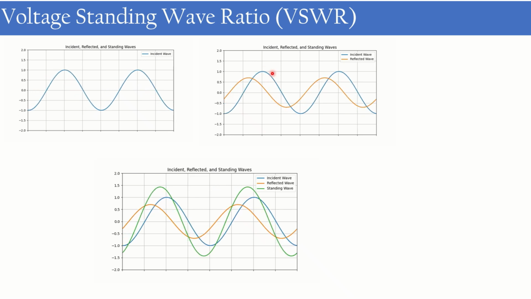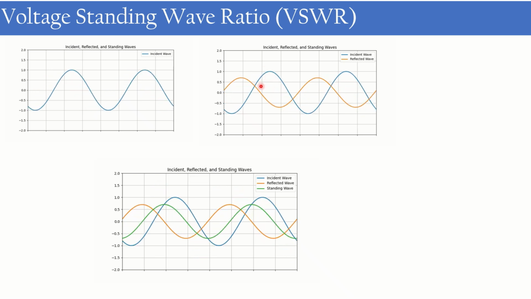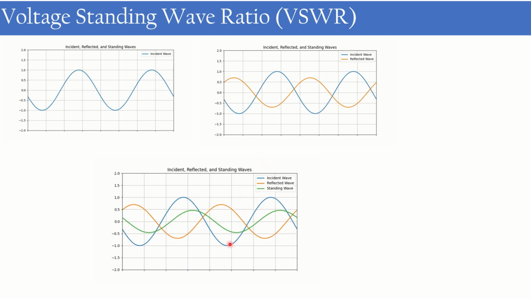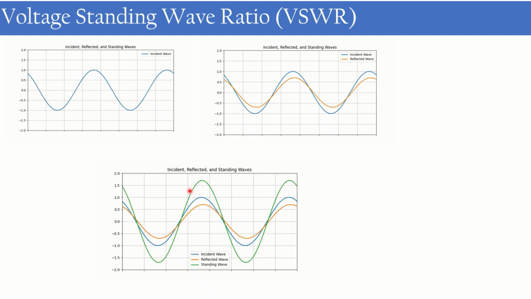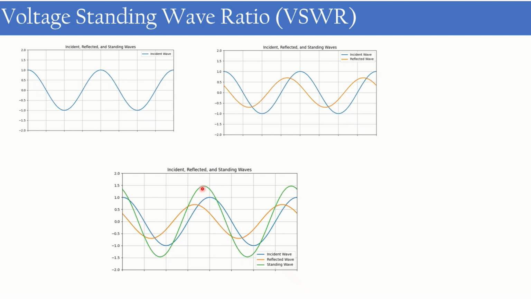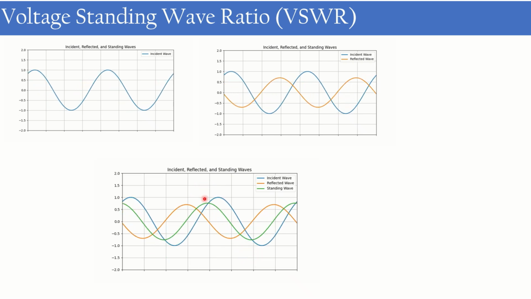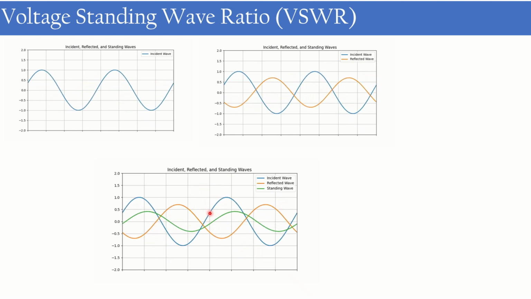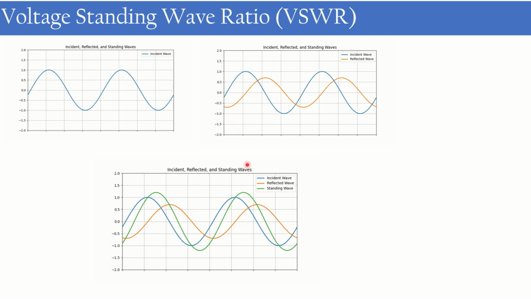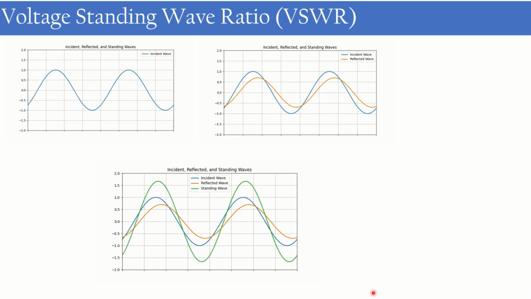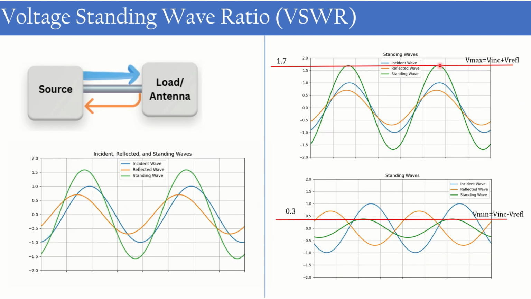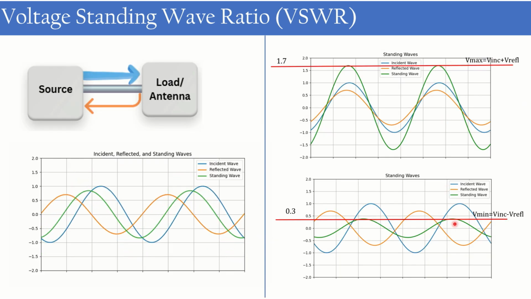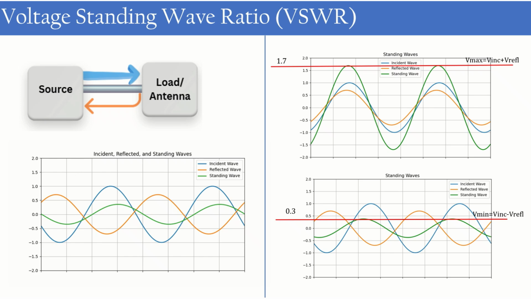There is no change in the magnitude of the incident and reflected waves, but because of the phase variation, their interaction produces standing waves. You can see the standing wave magnitude increasing and then decreasing based on the incident and reflected waves, and we have seen how the maximum and minimum values of the standing wave are produced.